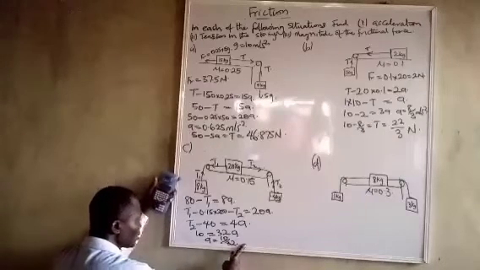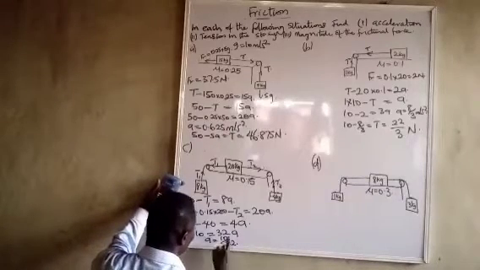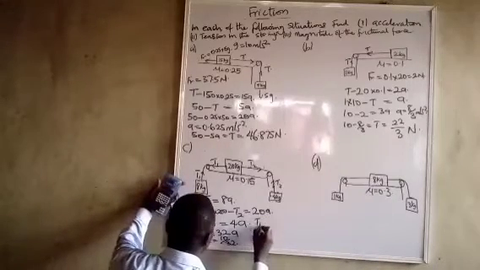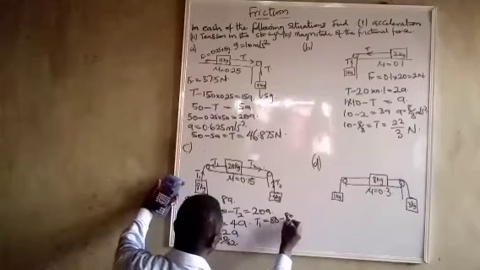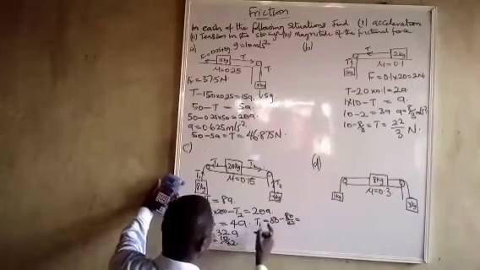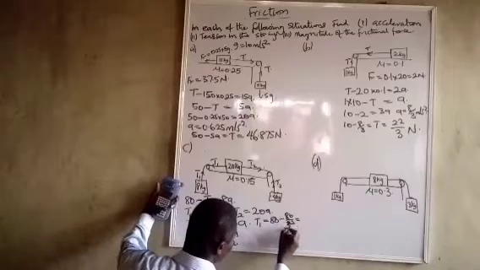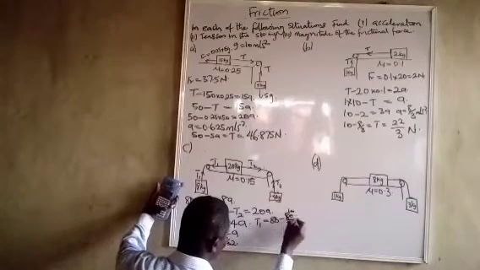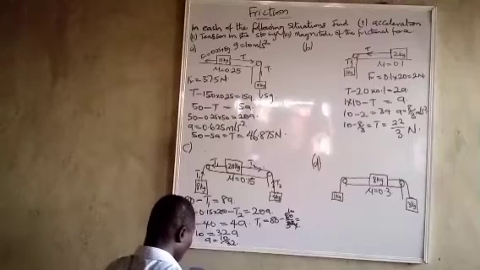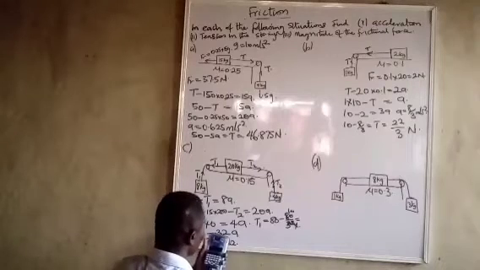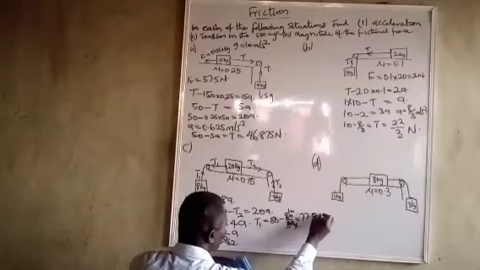So if a is equal to 10 over 32, let's see what T1 will be. It will be equal to 80 minus 80 over 32, and that is 80 minus 2.5. That is 77.5 Newton.